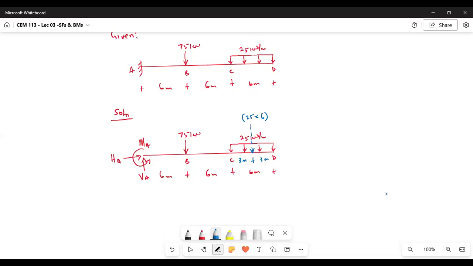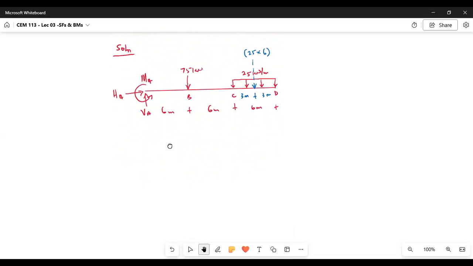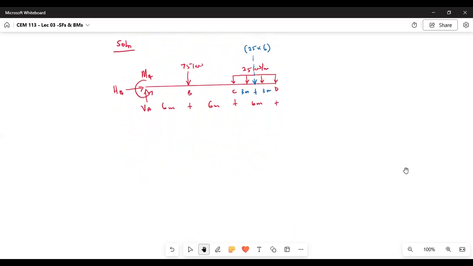You are doing this just to help you solve the problem easily. So in this particular one, we now have two point loads: the ECL and then the 75 point load that was given to us. Now let me shift it a little up as we focus on the solution only.